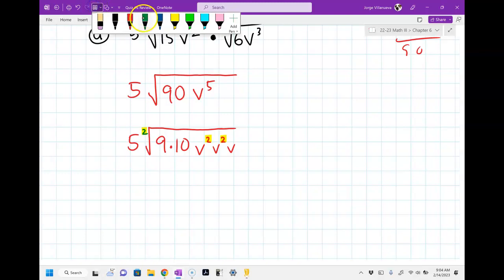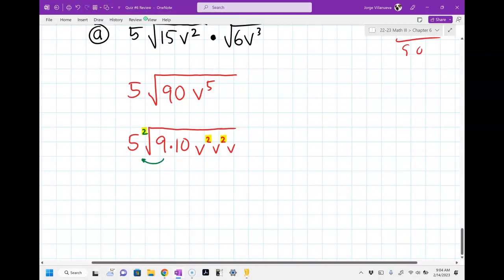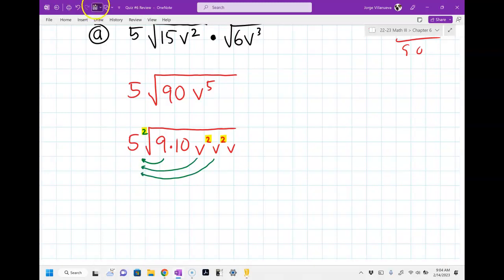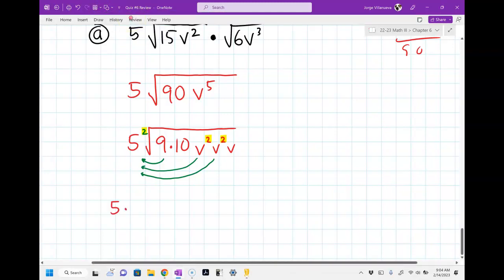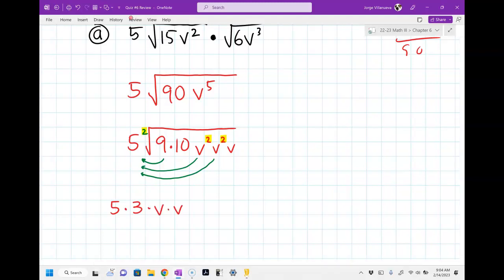So what gets to come out here? The 9 is going to come out. This v is going to come out. So is this v, that one's going to come out as well. So let's go ahead and write that. So 5 times the square root of 9, which is 3, times v, square root of, all I have left is a 10 and a v.